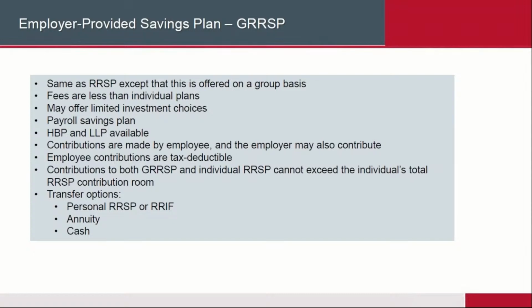You can borrow up to $20,000 from your RSP to pay your tuition fees. Once again, you must go full time, or in some cases part time as well, in an educational institution. So once again, even though it's a group RSP, you still have that privilege that you can borrow against the group RSP to buy yourself a house or get a proper education.